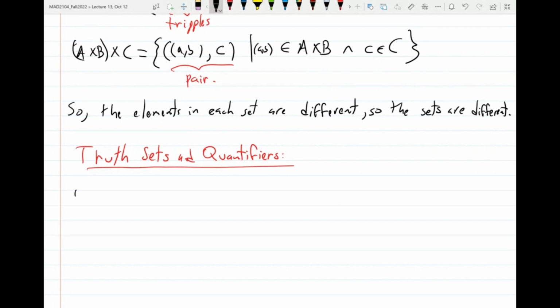Let me just write the definition. So let's suppose that we have a proposition. So let P of X be a proposition. Now X here, I'm saying X, but it could be X, Y, or whatever, okay? So let P of X be a propositional function.